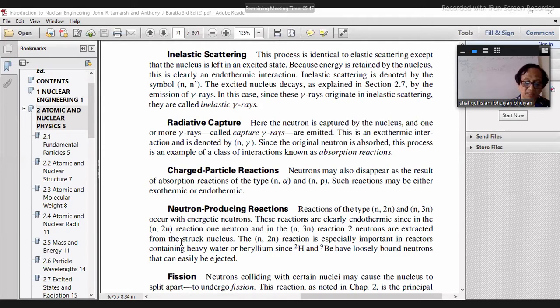The nucleus decays via neutron emission to produce the original nucleus plus a neutron. But anyway, we will talk about this, the emission of gamma rays and fission.